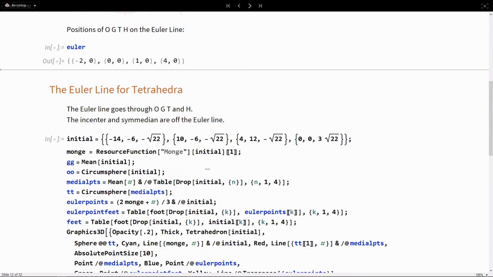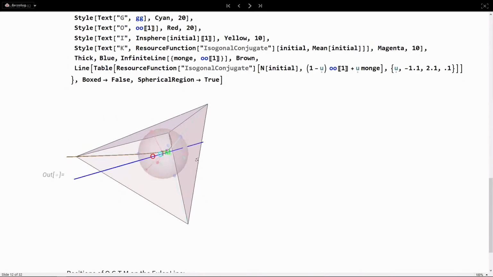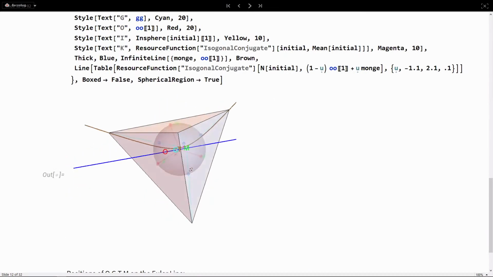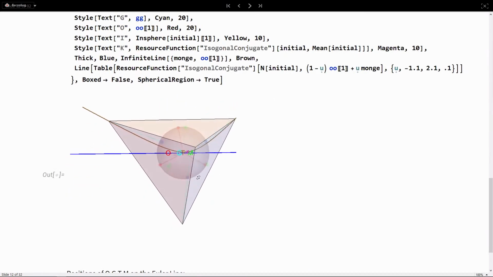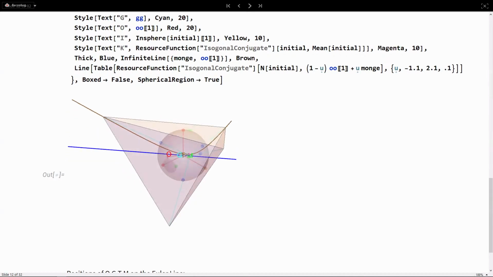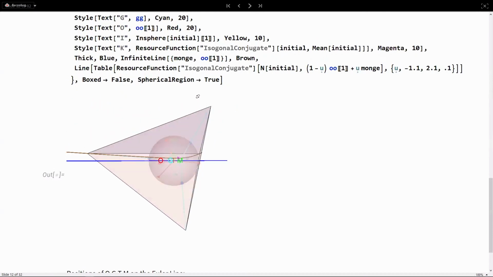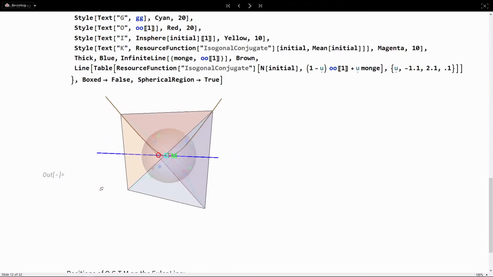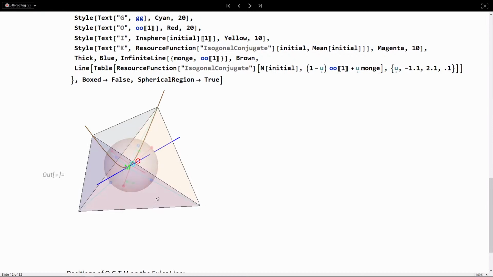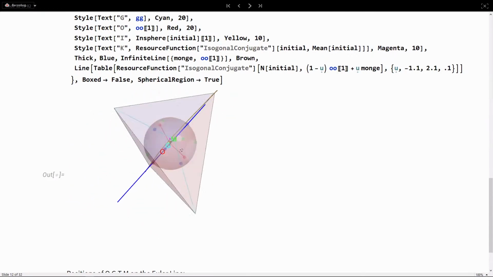There's also an Euler line in a tetrahedron, and it gets more involved to draw. Here are the 4 points. Again, the Incenter and the Symmedian Point are off, I and K, but O, G, T, and M are still in the same order, and they still make a line. There is still a Jerabek hyperbola given in brown.